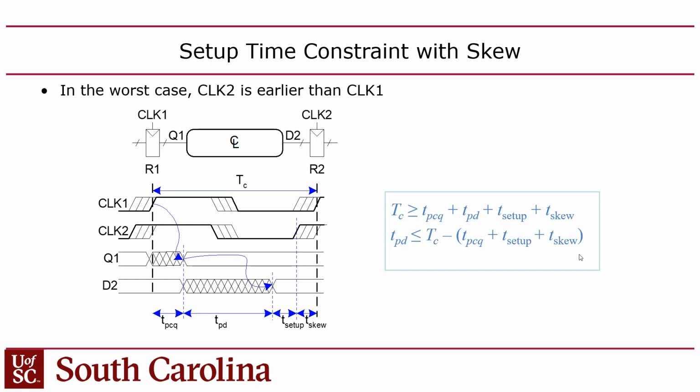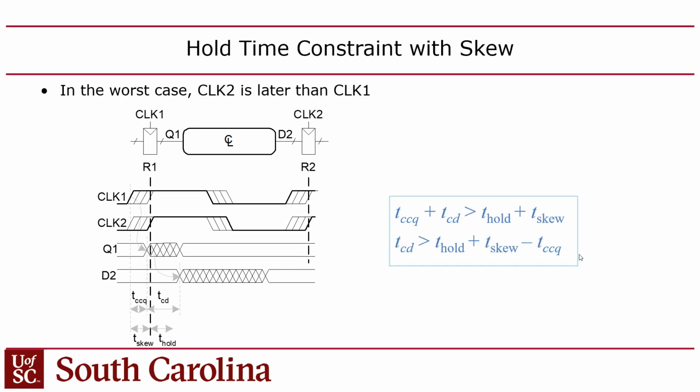And then for hold time, it's the same thing. For the hold time analysis, you have to put the skew on the same side of the equation as hold time. Now this one's a little bit more confusing, right? The contamination delays are on one side of the inequality, on the left side.